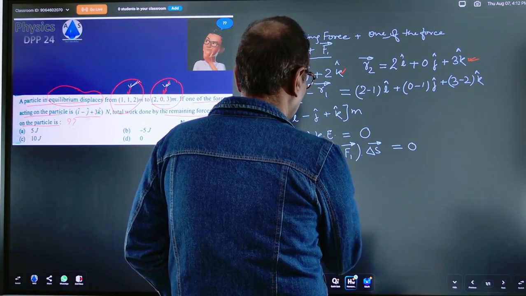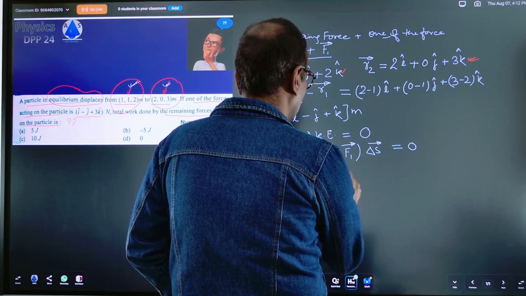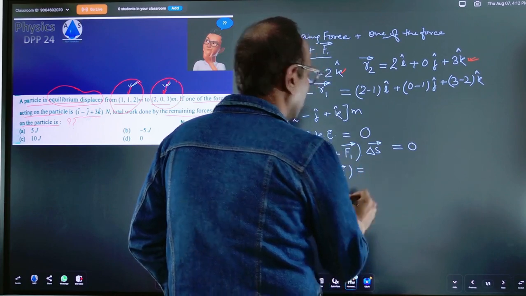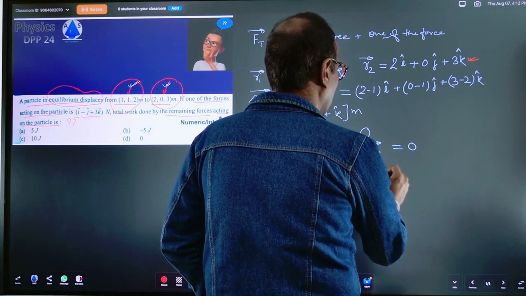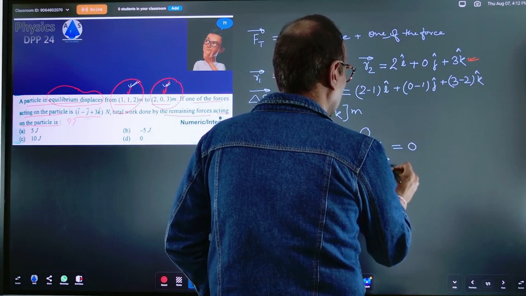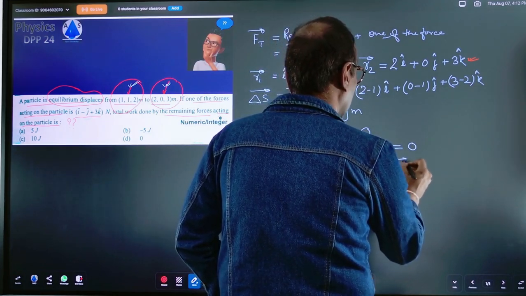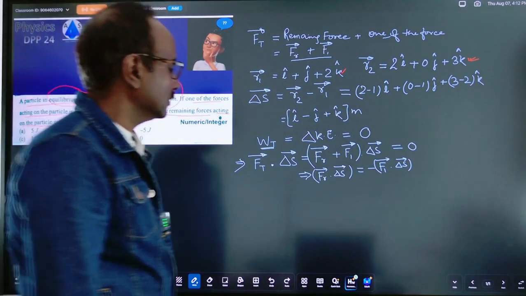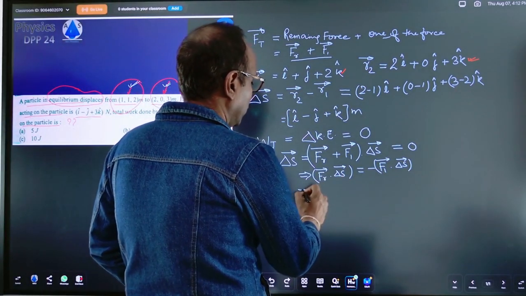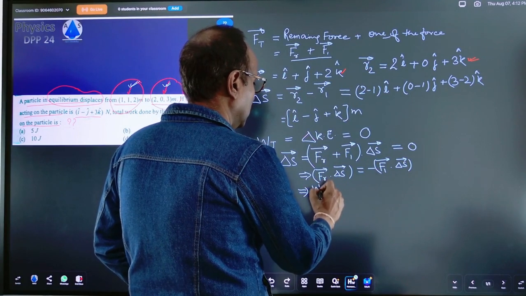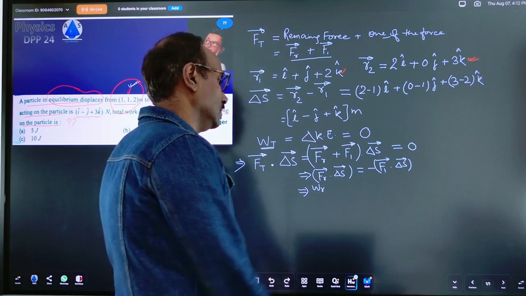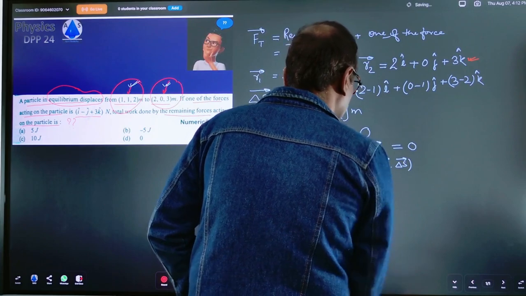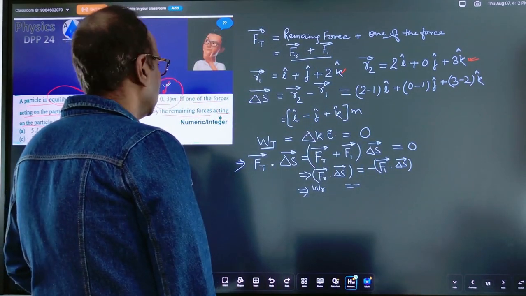So your Fr dot delta S will be equal to minus F1 dot delta S. This is your work done by the remaining force, Fr dot delta S. Just put the value of F1 and delta S. You will get the solution.